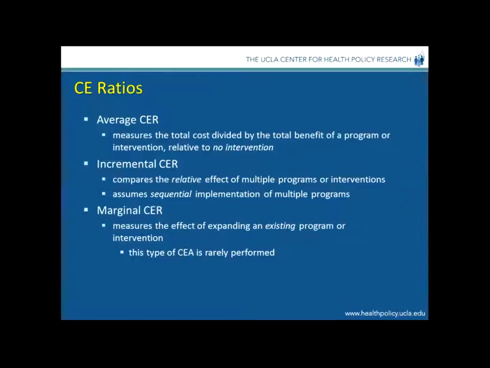The other thing with ICERs is that if there are multiple treatments, the one example that comes to mind that I've used in classes in the past is treatment for hypertension. There are multiple drugs available, and a staged approach is often the most cost effective. If I recall correctly, starting with a diuretic is most cost effective, and then moving to, I don't remember, let's just say an ACE inhibitor.